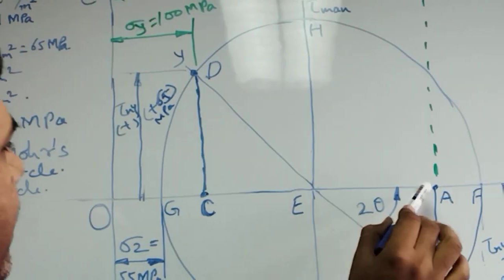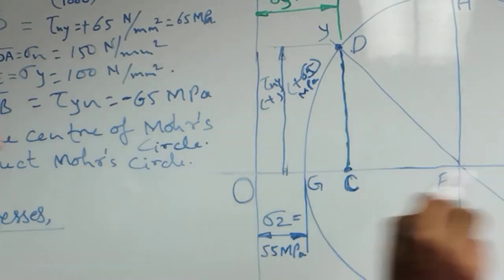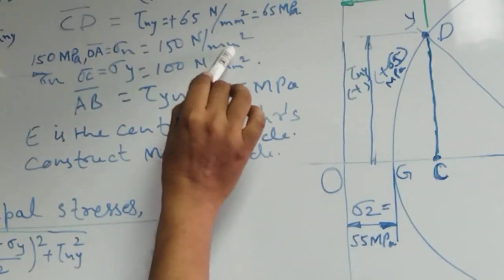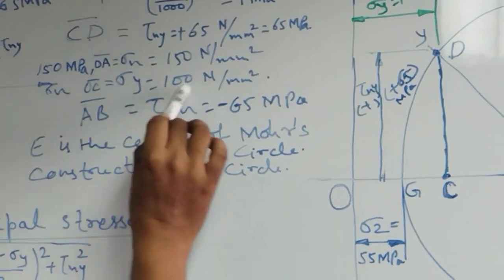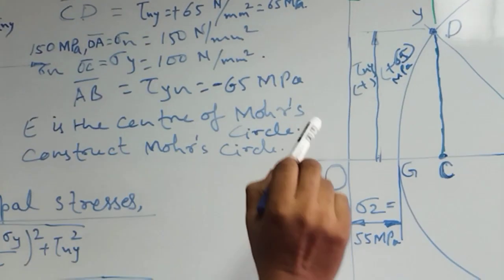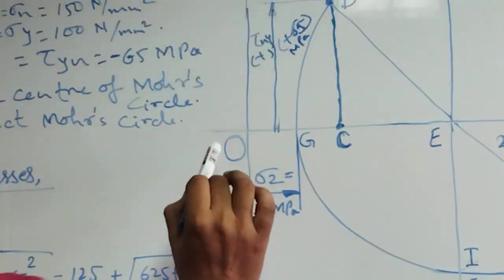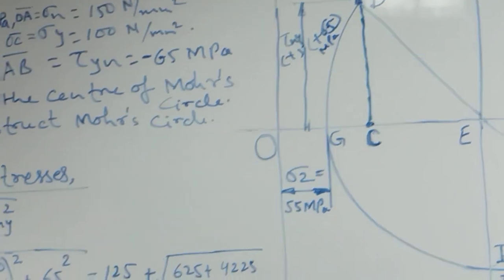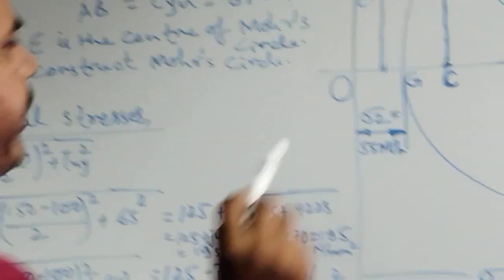Therefore, we first draw OA, whose value is 150 megapascal on the sigma axis, and another is sigma y, 100 megapascal. Both are positive, therefore both dimensions are taken to the right side of the origin O. Are you understood? Okay.